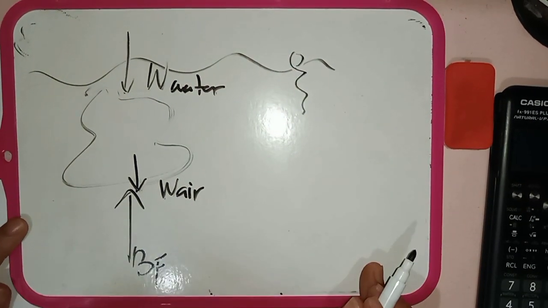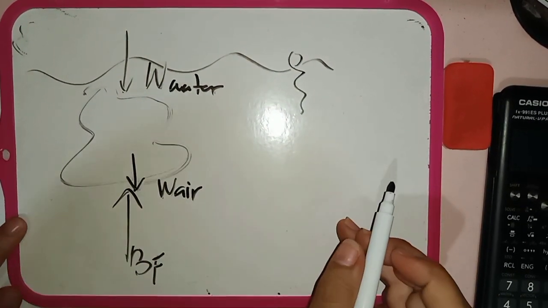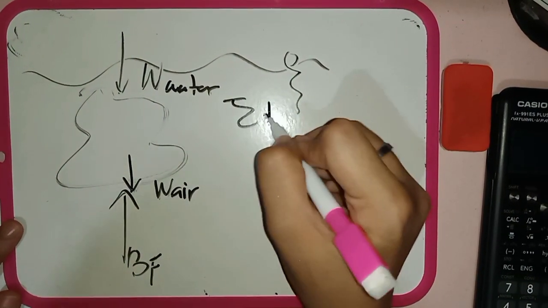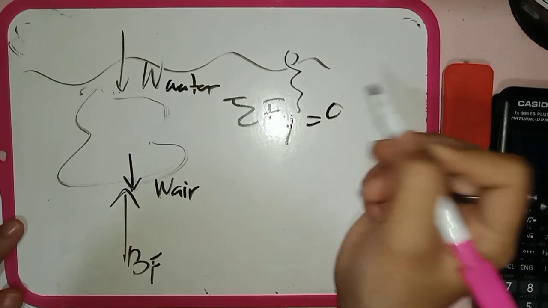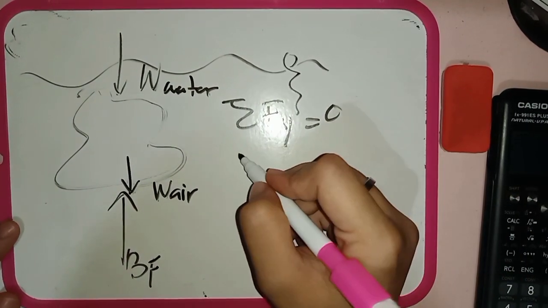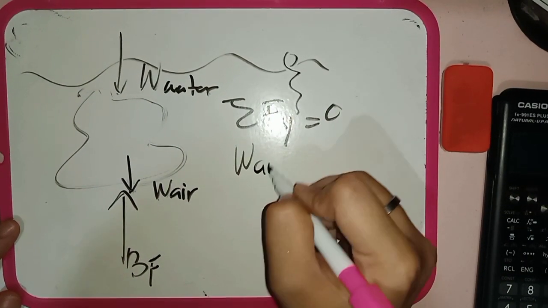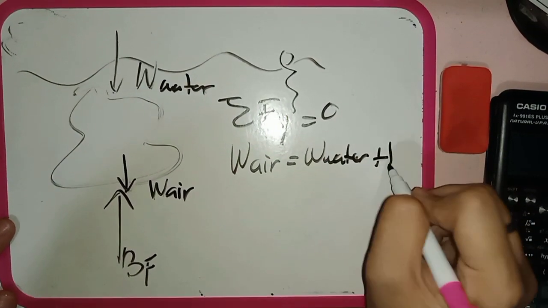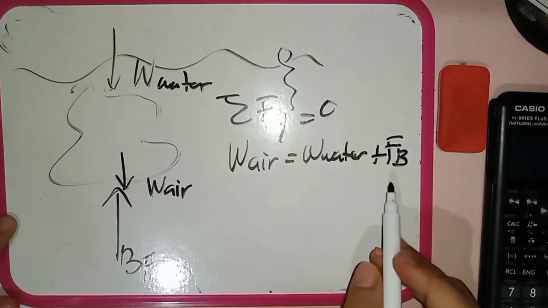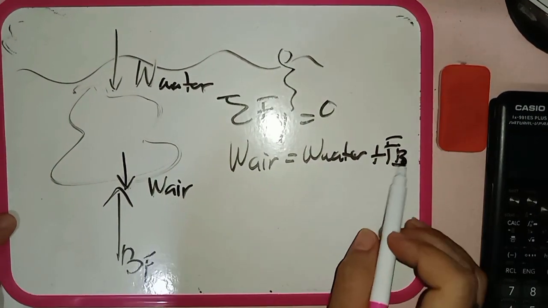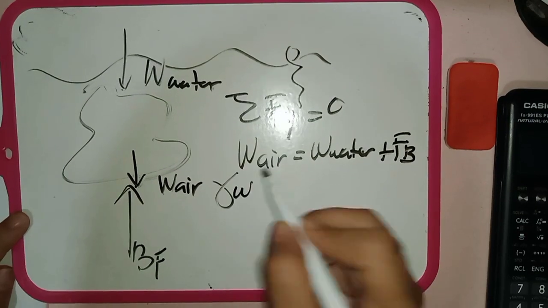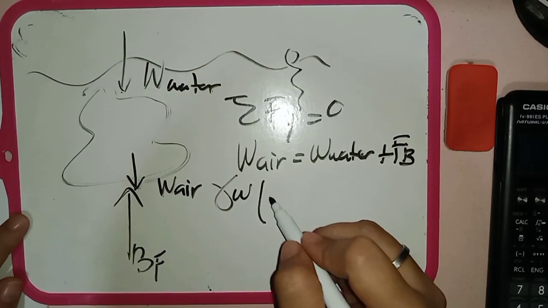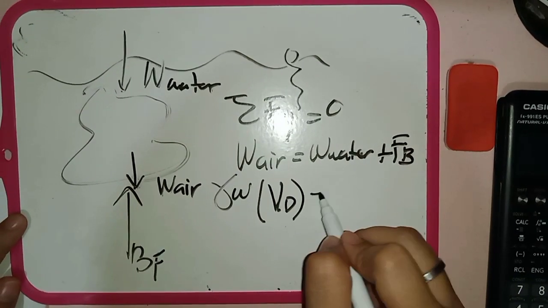So now let's solve this. We have the summation of forces along y. So the formula is weight in air equals weight in water plus FB. As I introduced, the formula of FB is unit weight of water times VD, the volume displaced.